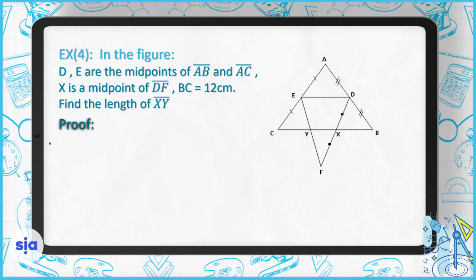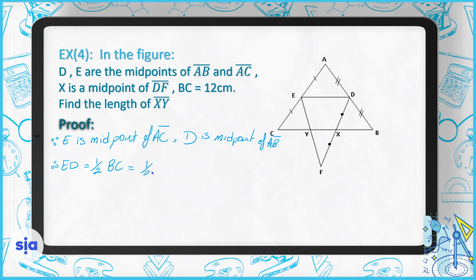By the same idea, since E is the midpoint of AC and D is the midpoint of AB, therefore ED is equal to half the length of BC, which is half times 12, which is 6 centimeters.